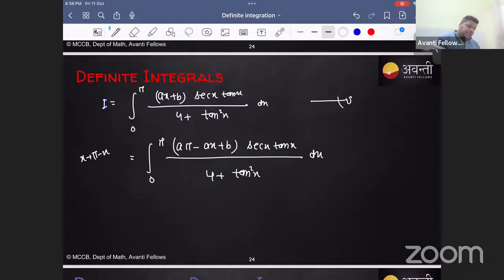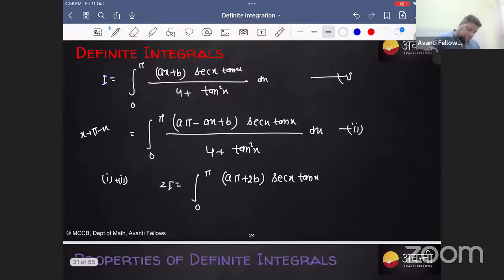Now if I add this equation 1 and 2, this 2i will become what? 0 to pi. It will be a pi plus b. Ax will cancel. So a pi plus 2b it will be. Sec x tan x upon 4 plus tan square x dx.